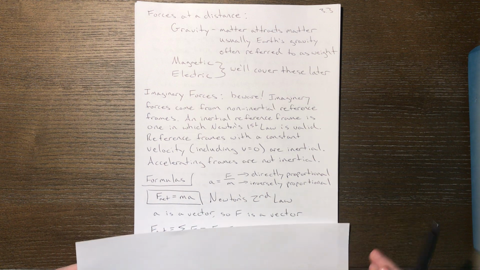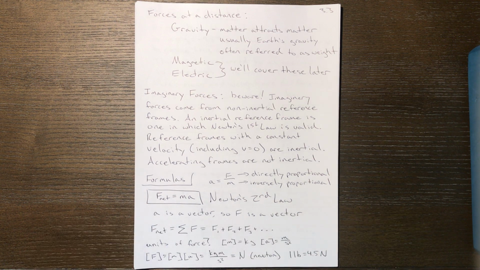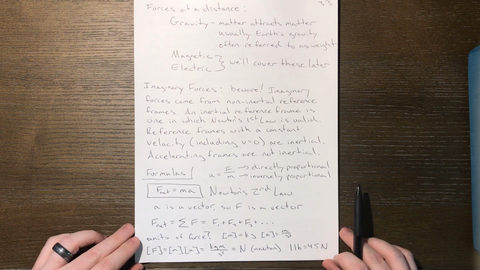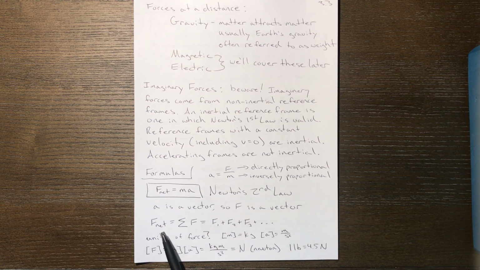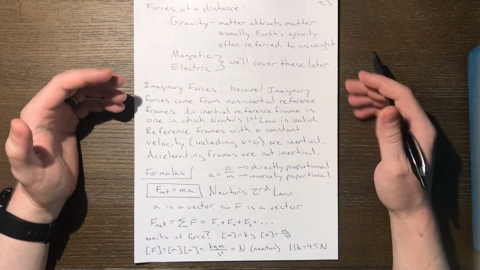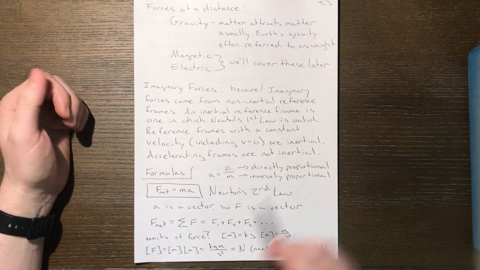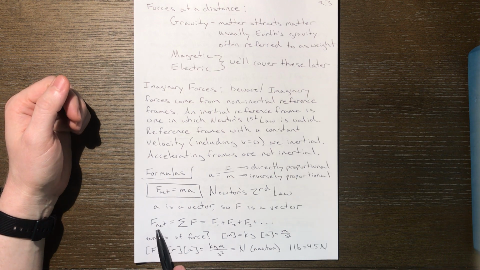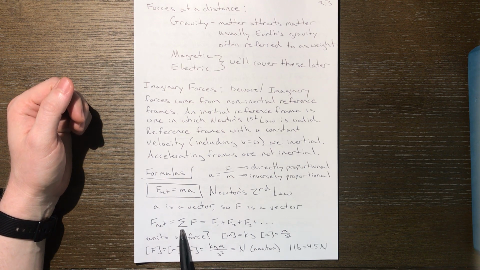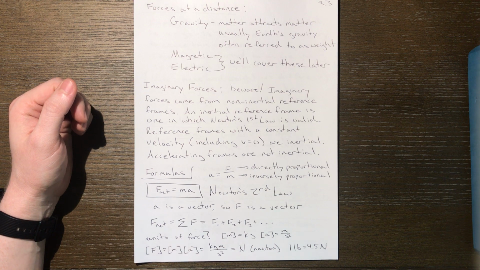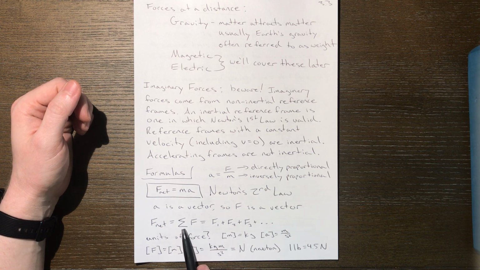All right, well, we defined this with F net. So let's talk a little bit more about F net and what that means. Net in this sense really just means left over or all together. And mathematically, F net is defined as the sum of F. This is capital sigma, the Greek letter sigma, and it means summation, which is just add them all up.